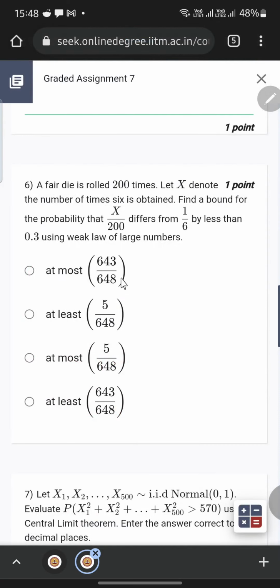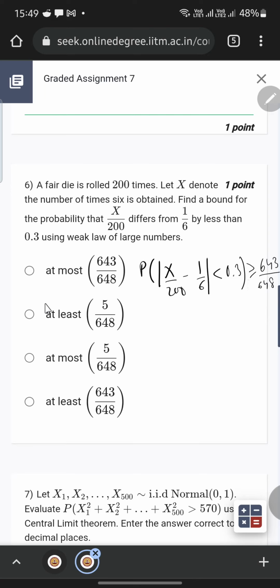So this whole probability of mod of x by 200 minus 1 by 6 being less than 0.3 would be greater than or equal to 643 by 648.